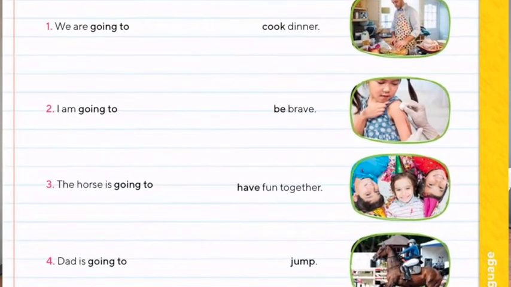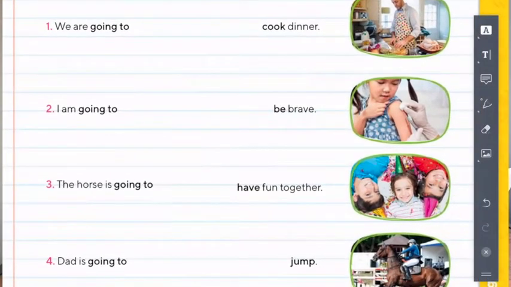Number 1. We are going to. We are is plural, so we know it's going to be something plural. Okay. We are going to cook dinner, be brave, or have fun together, or jump. We are going to have fun together. Really good. Okay.